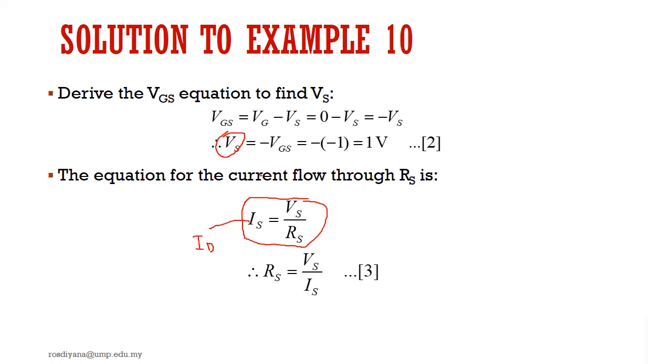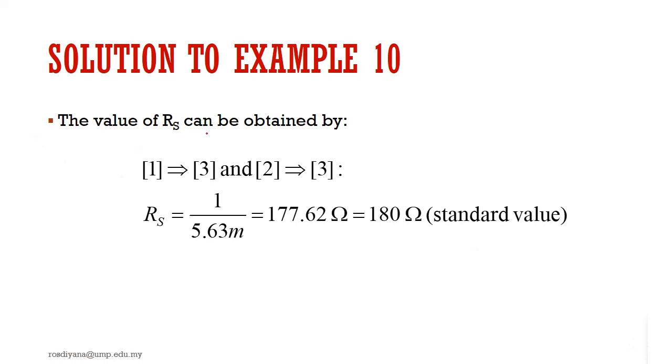From this equation, IS equals VS over RS. Then we get RS equal to VS divided by IS. So the value of RS can be obtained by substituting the previous equation.